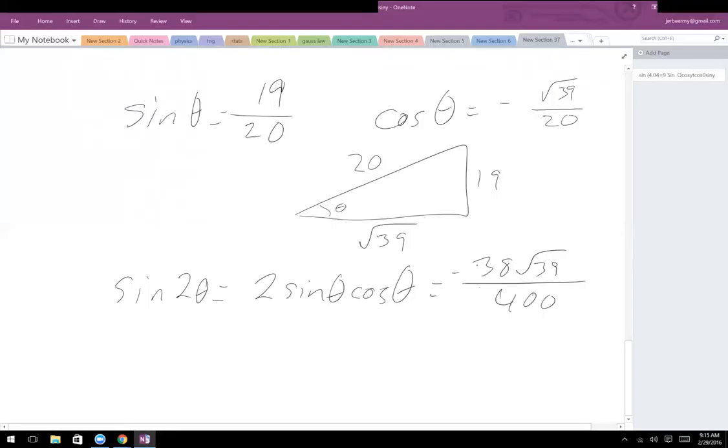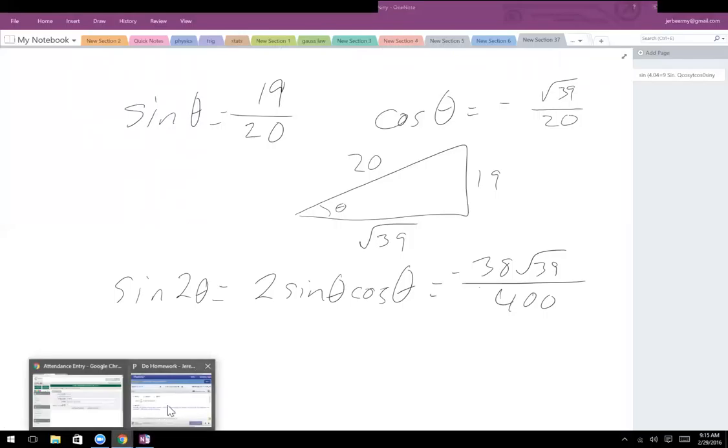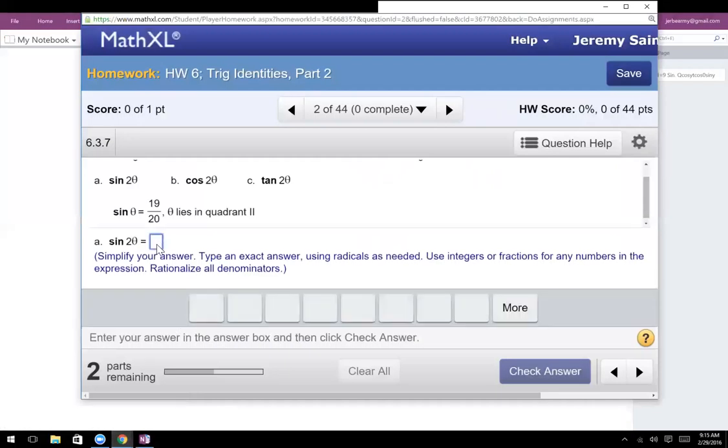Sine is negative. So 38 times 39 over 400. 400, because it was 20 times 20 on bottom.